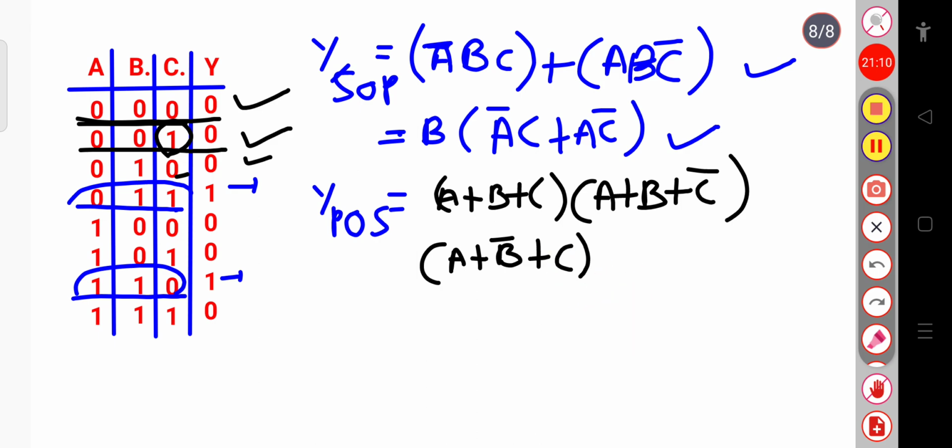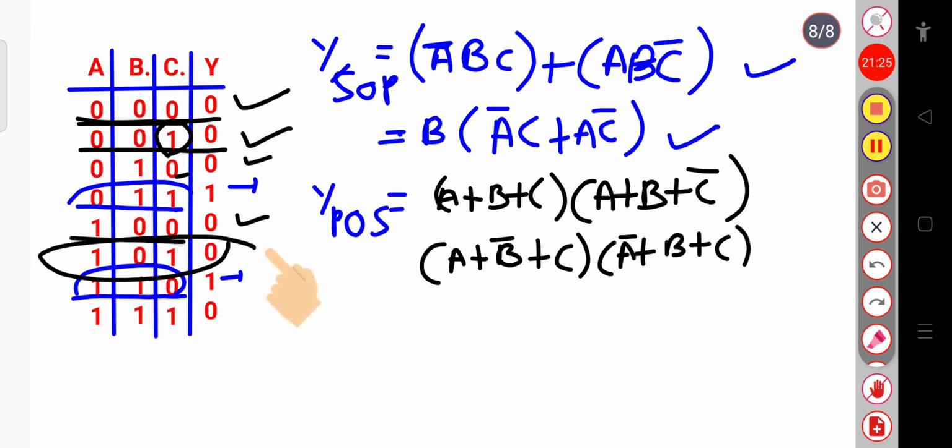Now the term 1 0 0 will be multiplied again: 1 means A bar, 0 means B, and again 0 means C. Now again we consider the term 1 0 1.